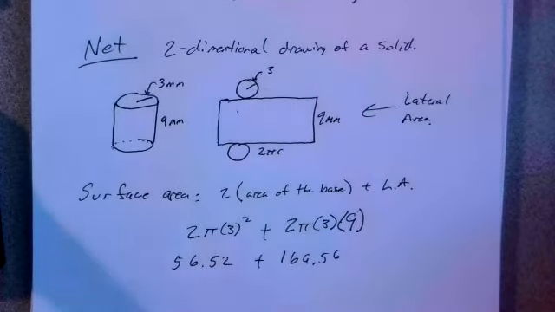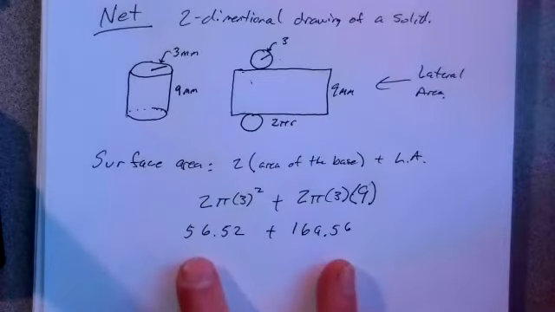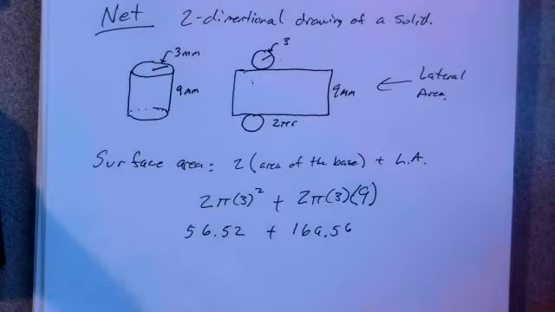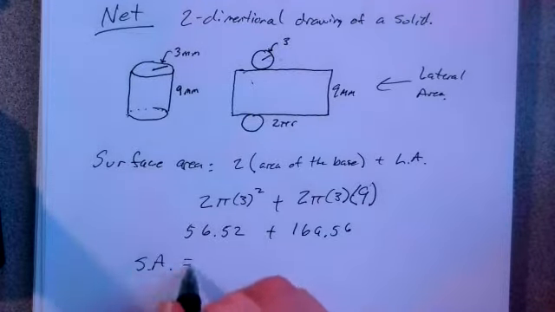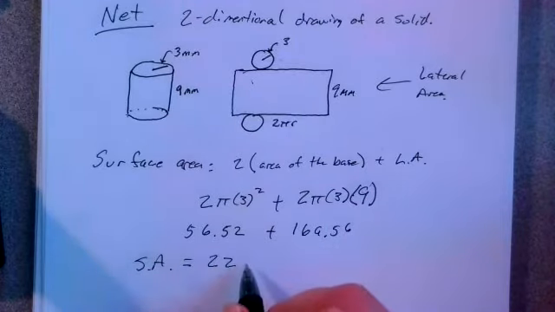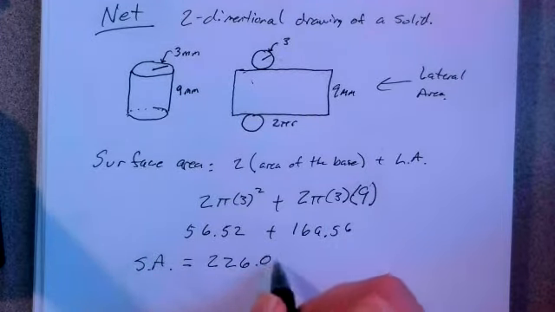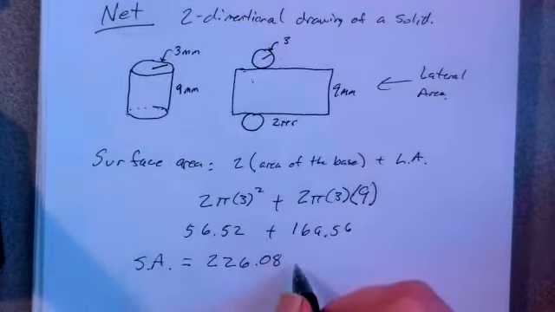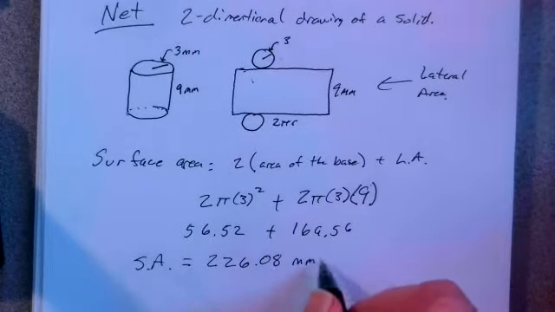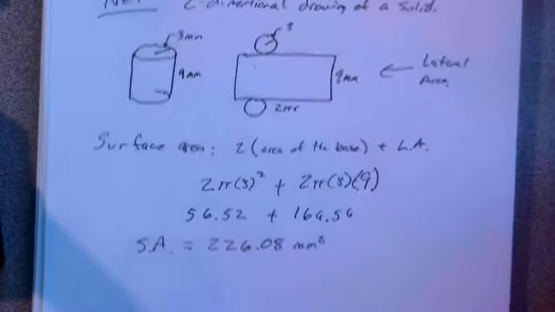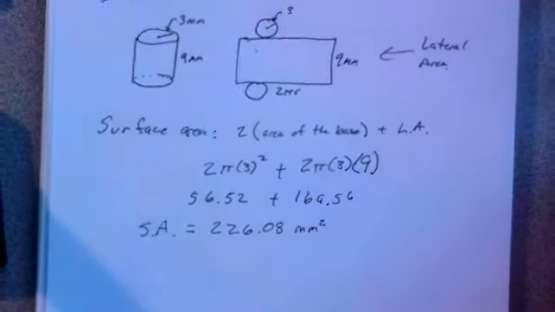Add that together to get my whole surface area. My surface area is 226.08 hiccups. No, that's 226.08 millimeters squared. All right.